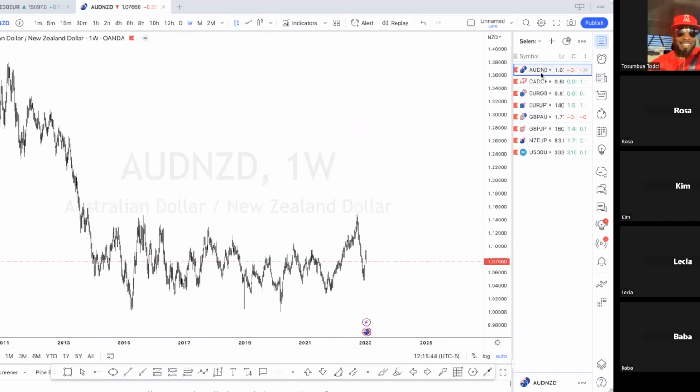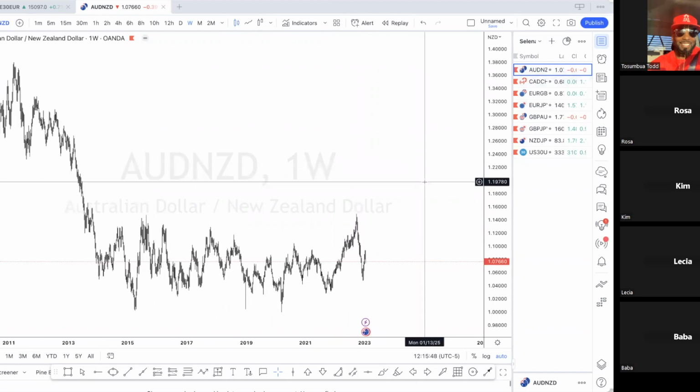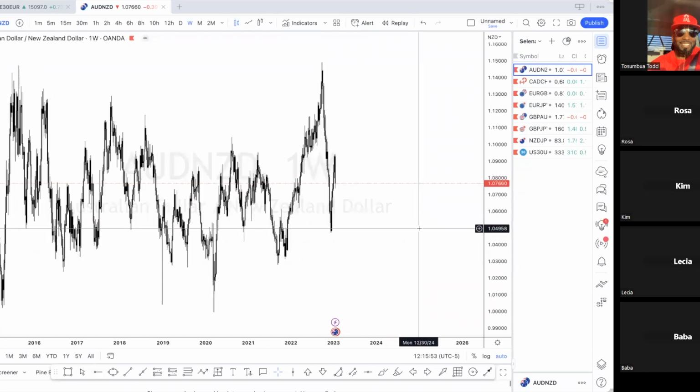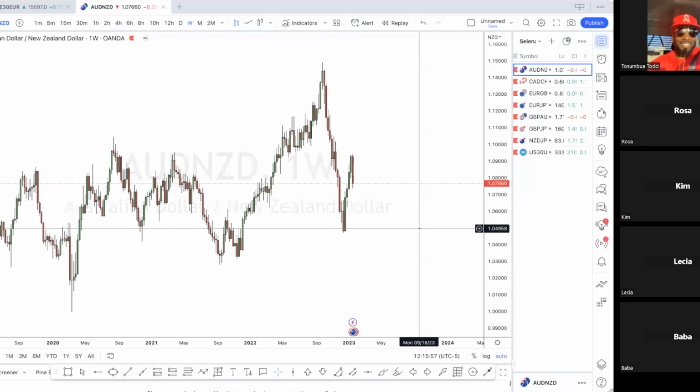First pair is AUD NZD. Price has been ranging, but we have a weekly bearish order block.